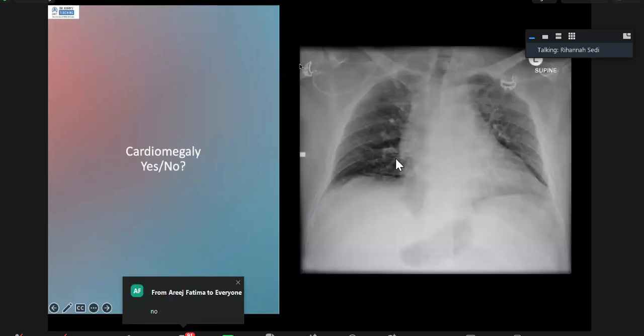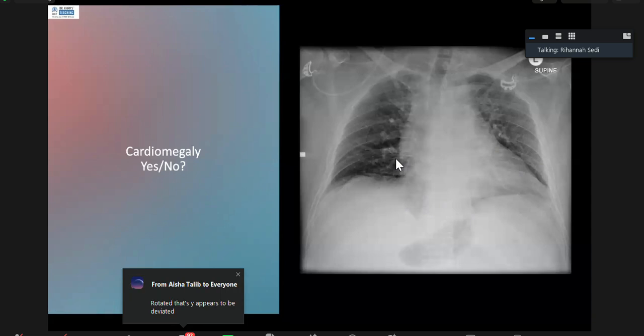All right, and having a look at this next image, could you please comment on if cardiomegaly is present?